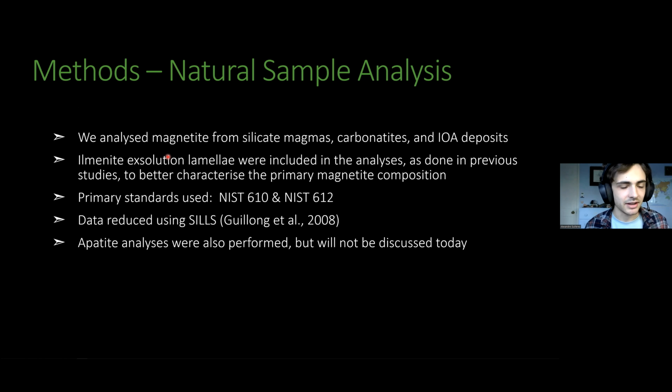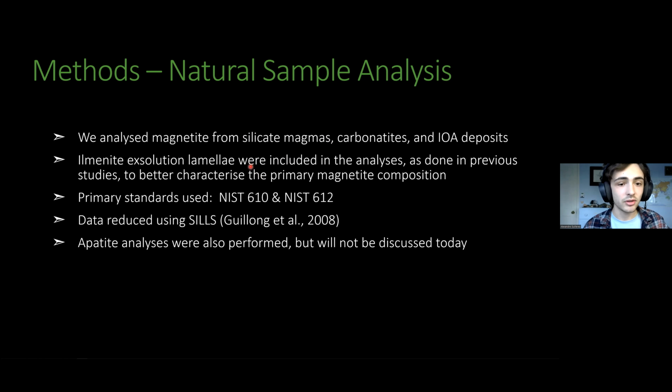We analyzed magnetite from a variety of different backgrounds because, again, to establish a comprehensive data set and to compare our IOA trace elements to magnetites with a magmatic formation or even a hydrothermal formation.